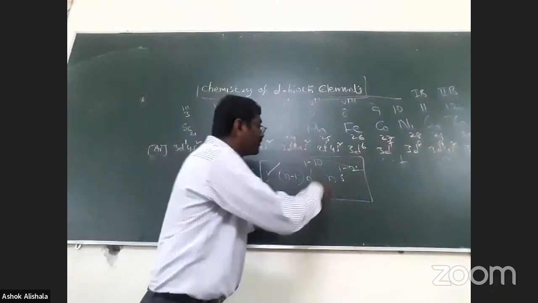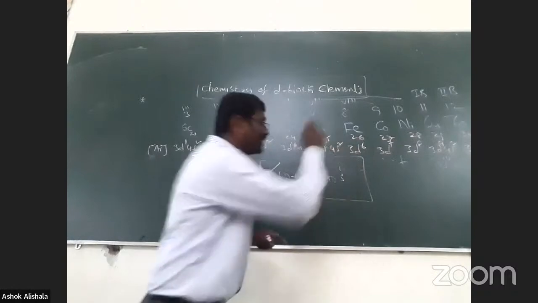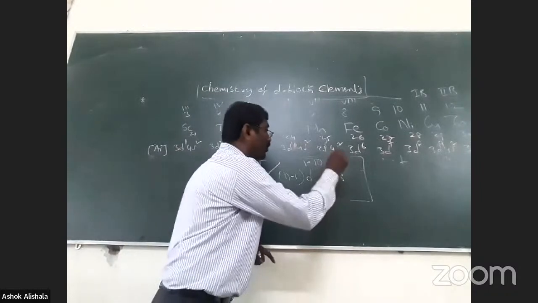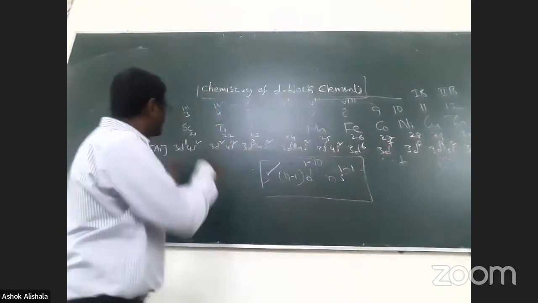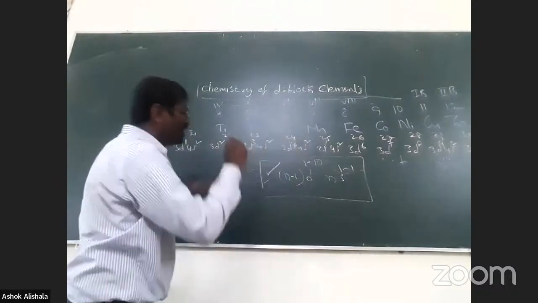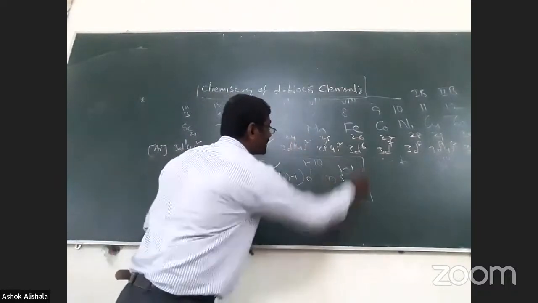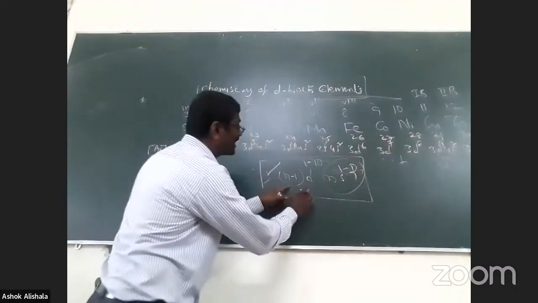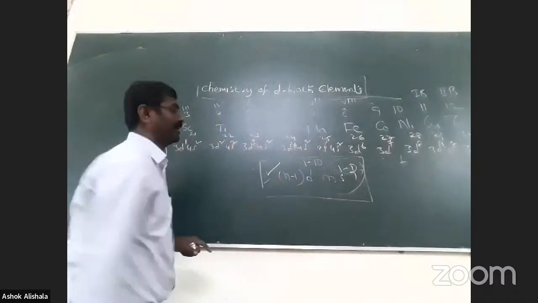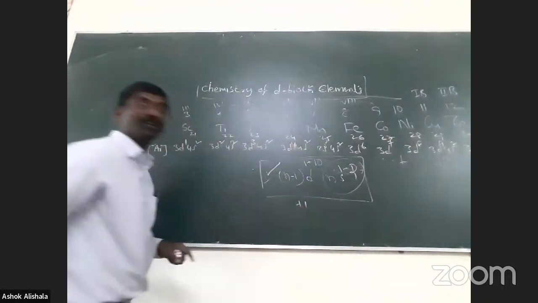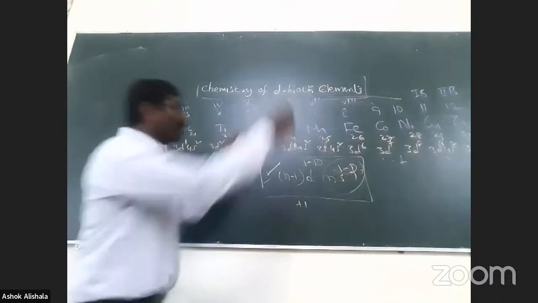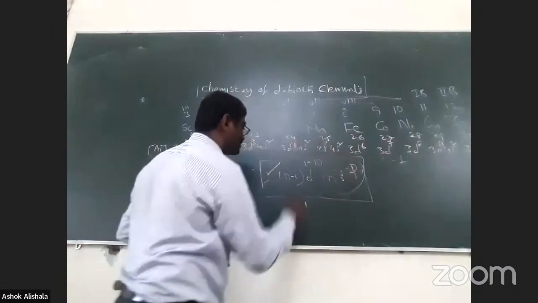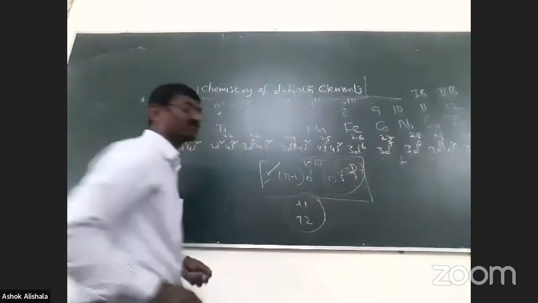Some elements may have ns1, some ns2. If only the outer s electrons, not d electrons, are involved in the bonding, they will show +1 oxidation state. If they use ns2 electrons, they will show +2 oxidation state.